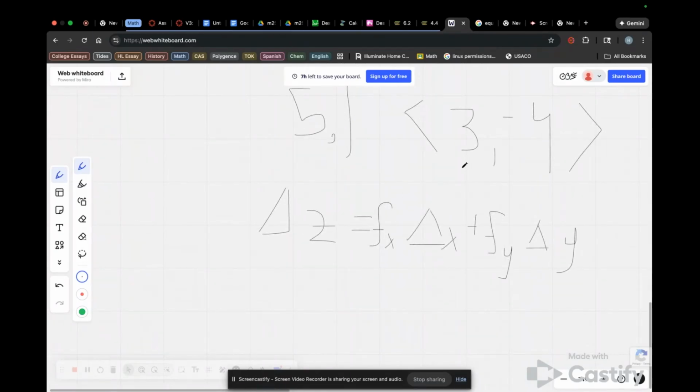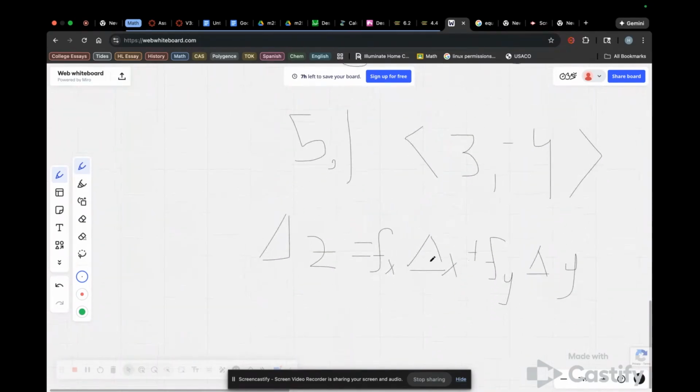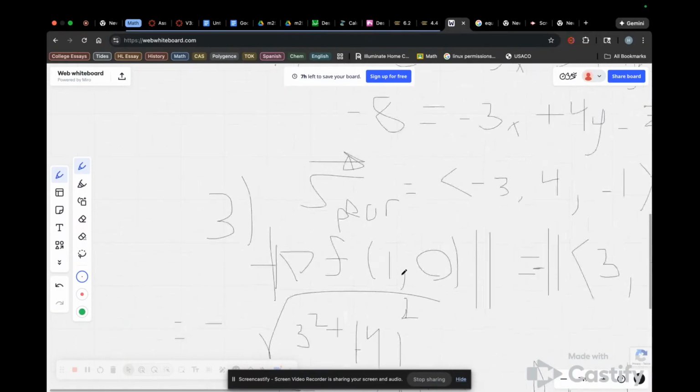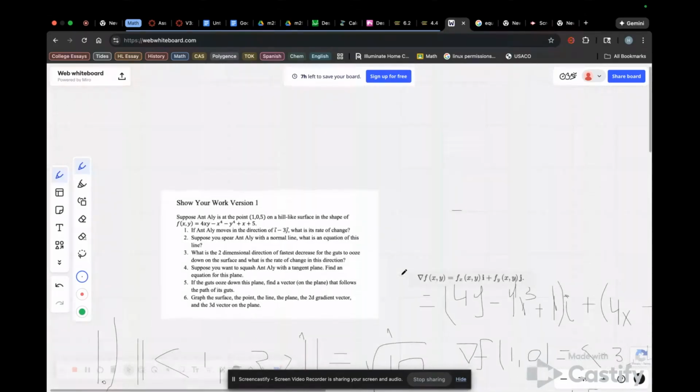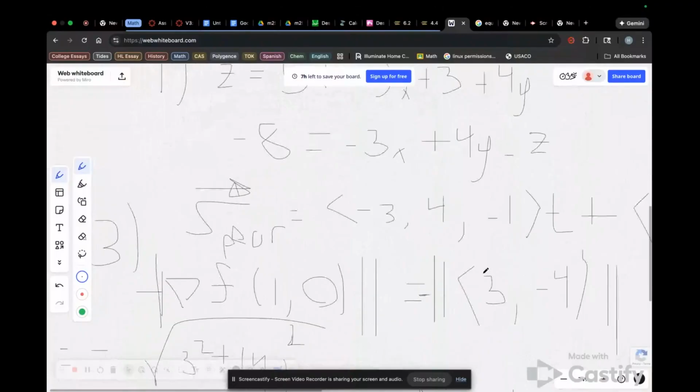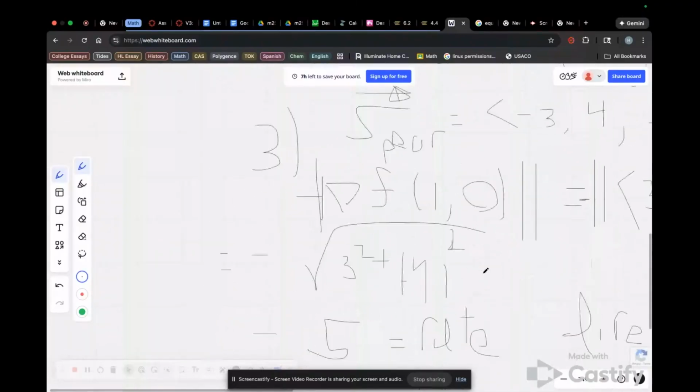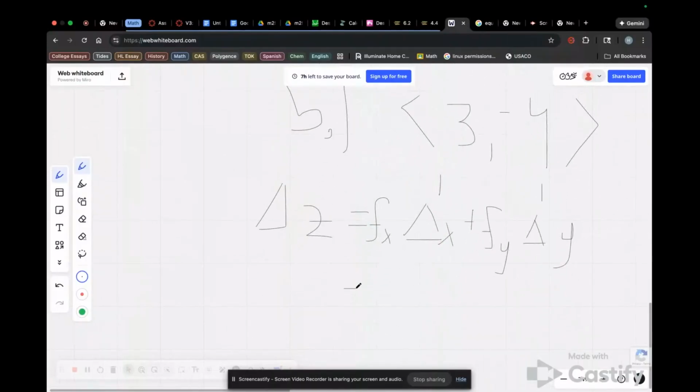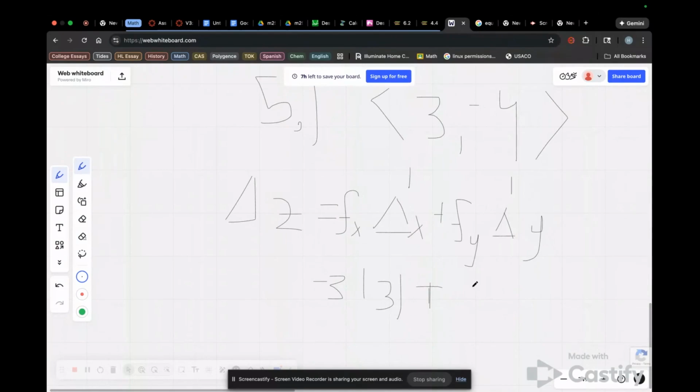So we already know this, and we know the rate of change, which is 3, -4. So we could plug this in. We know that the x component, what was that from way earlier? It's -3. Yeah, -3, and then the other one was 4. So -3 times 3 plus 4 times -4.